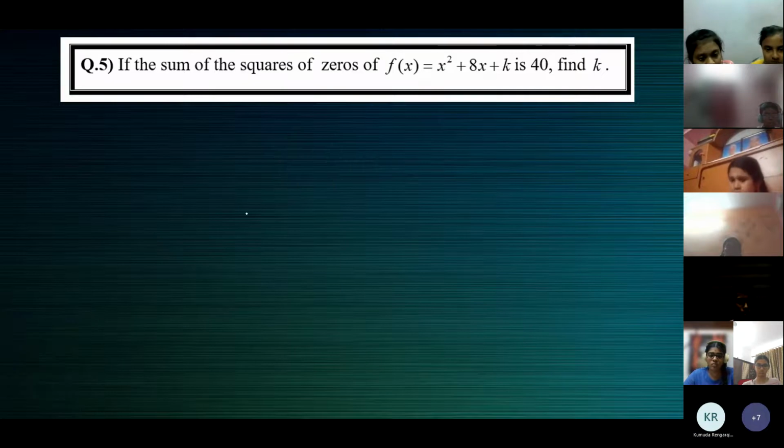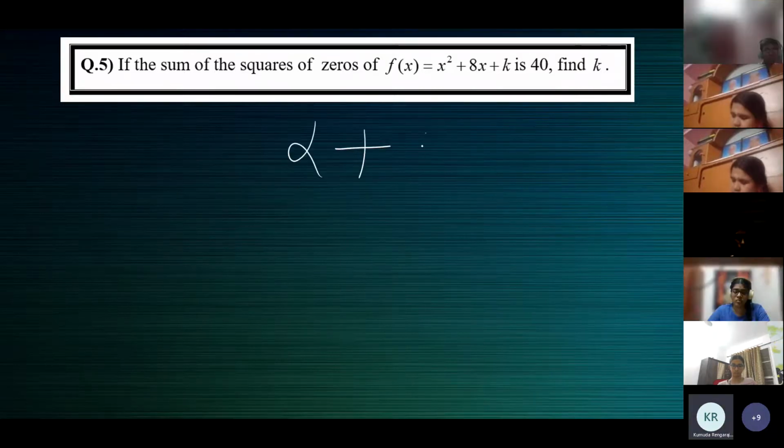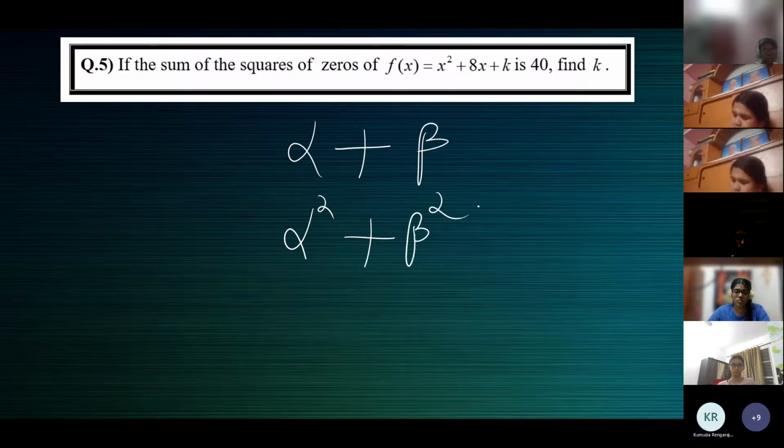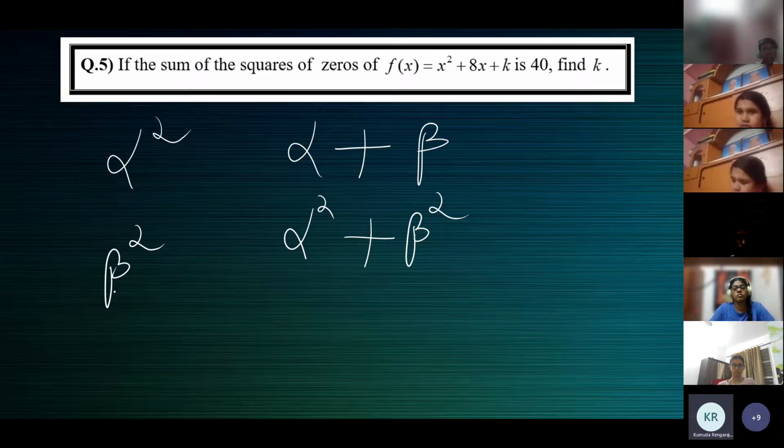Okay, ma'am. So children, this is the sum of the zeros. This is the sum of the squares of the zeros. This is the square of one zero. This is the square of the other zero. If you're not listening now, you will go wrong in the test or exam.